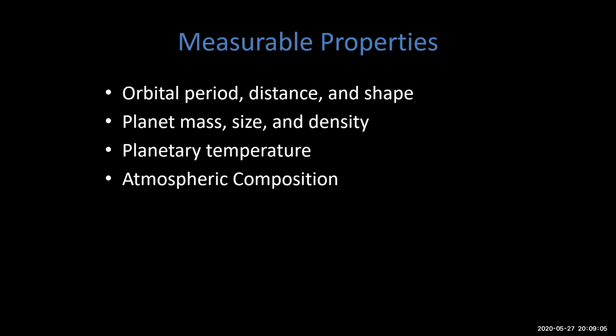We'll talk about why in a bit. In some cases, we can get planetary temperature. We can make models for planetary temperature in a lot of different ways, but we can actually measure it in a couple cases. And then we can also find the actual atmospheric composition of certain planets around other stars. That one's pretty crazy to me.